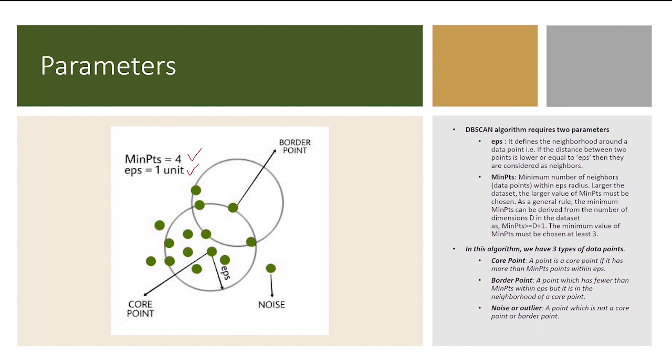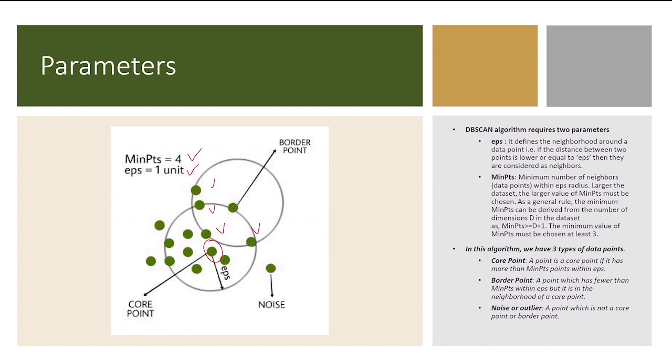Let's say we place this window over here and we have all the requirements. We have a core point, and then within the epsilon unit we have, for example, 4 data points. For each border point we draw the same circle again, and we're checking the number of points.